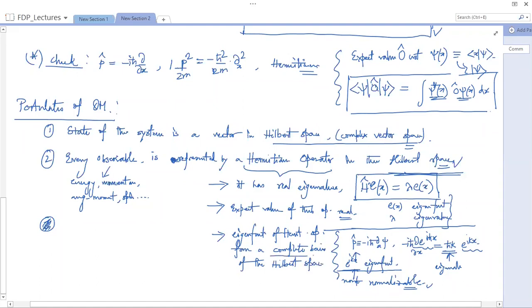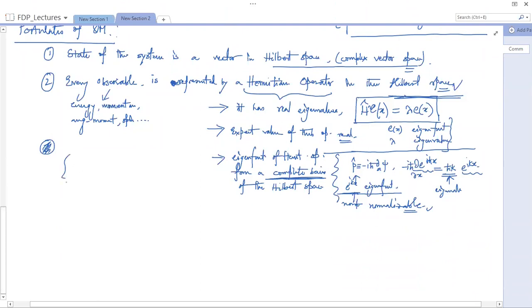Again, what kind of basis is this? There are mathematical technicalities. The basis we know, like x, y, z of a finite dimensional vector space, is different from the basis we know in Fourier series.